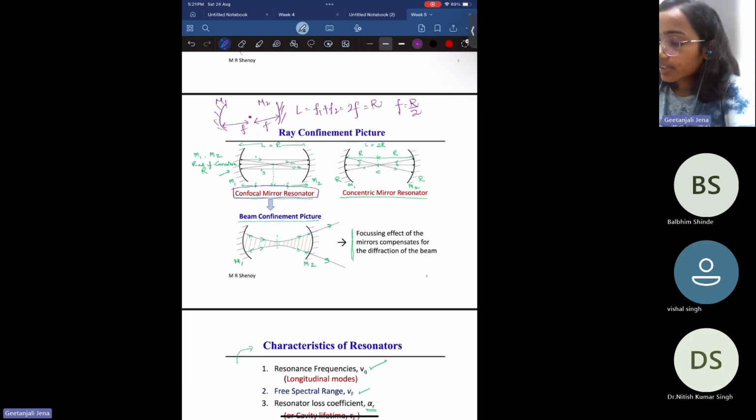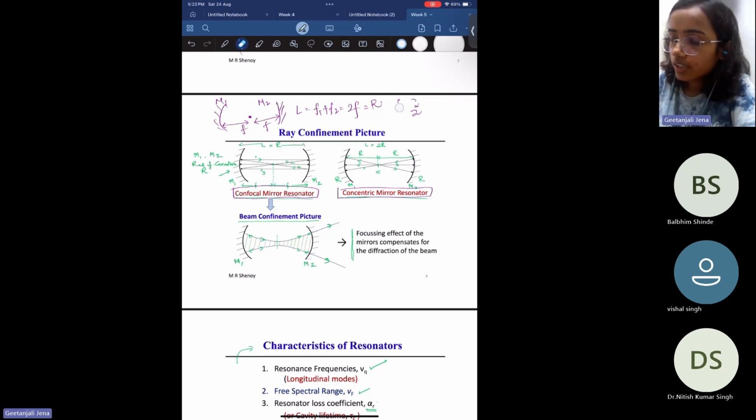And the other type of ray confinement is in a concentric mirror resonator. In a concentric mirror resonator, instead of the same focal point, we have the same center of curvature. That means the radii of curvature are the same for these two mirrors, M1 and M2.